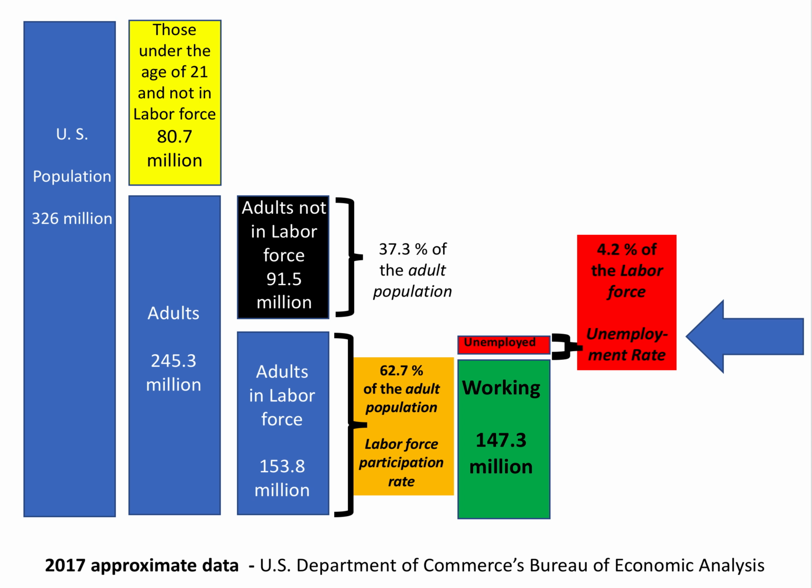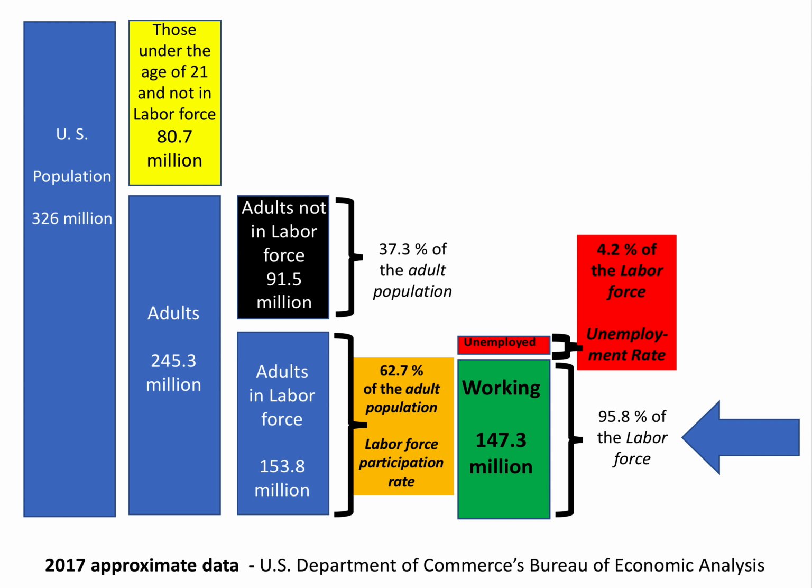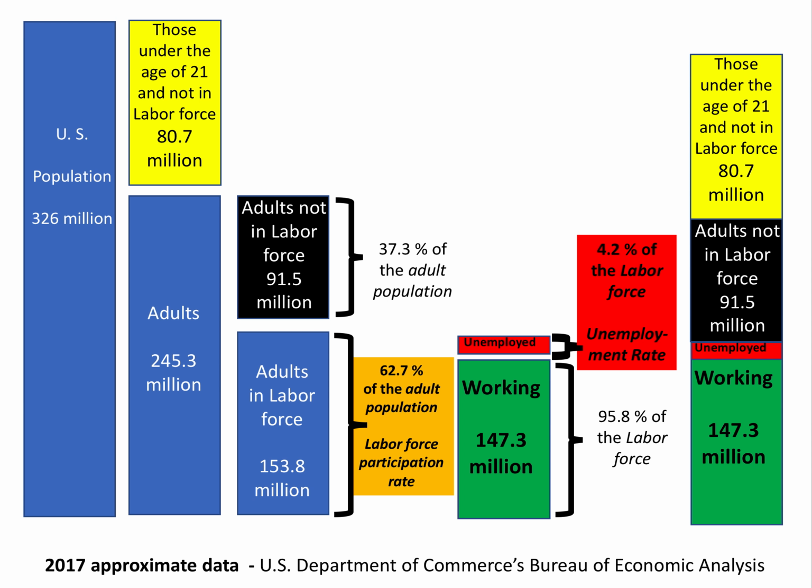And that's where that 4.2% or 3.8 that I gave you just a few minutes ago, as current as of May of 2018, that's what that number means. Now, what you're going to have to do is do some calculations about this. So we see we've got 95.8% of the workforce working at the point that we made this measurement.